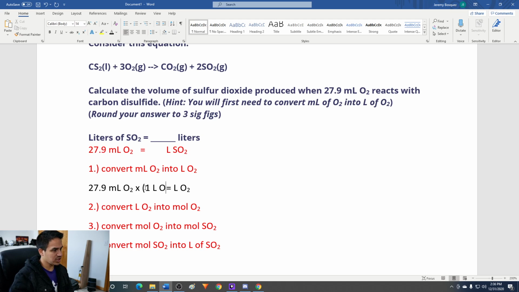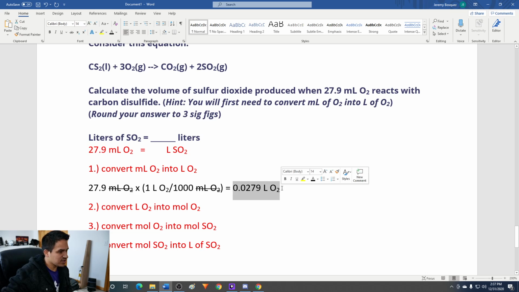So 1 liter of O2 on the top over 1,000 milliliters of O2 on the bottom. That way our milliliters of O2 cancel out with each other. I don't know the hotkey for the strike through, unfortunately, in Word. But okay, so 27.9, divide that by 1,000. So we get 0.0279. Again, we'll do all the rounding at the end.